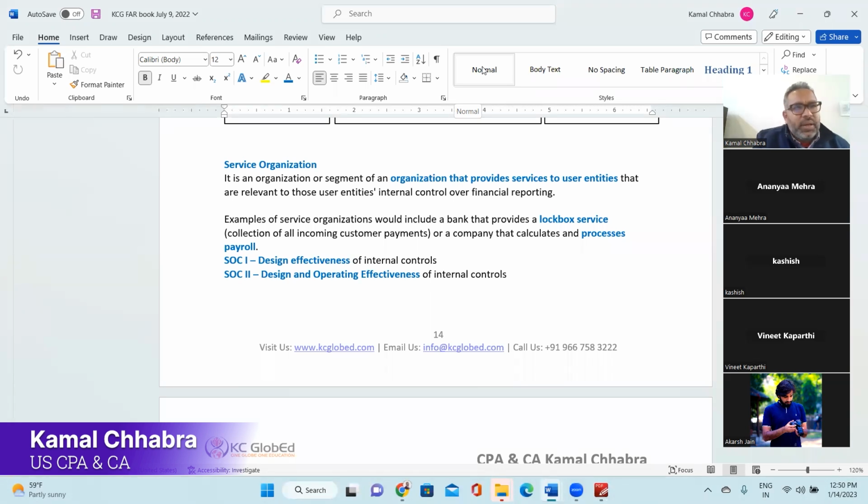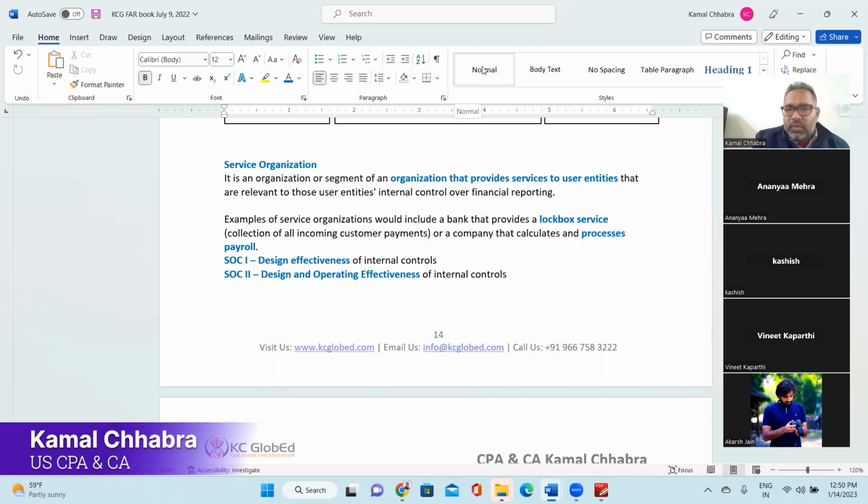So in this entire cycle, from input coming from the main company to the service organization and output going from the service organization to the main company, there are certain processes which these companies do.